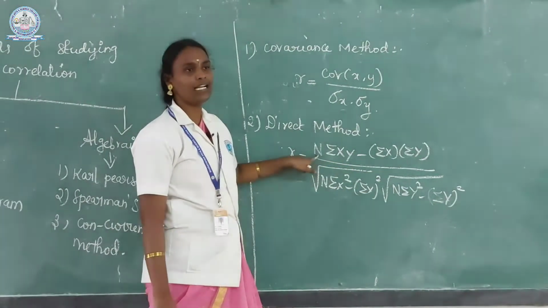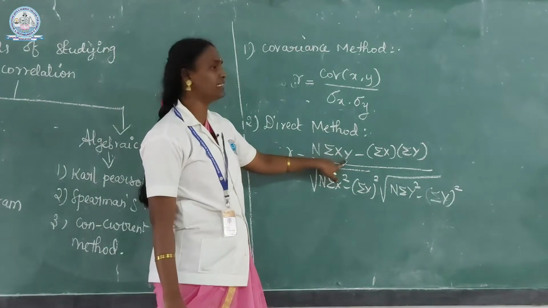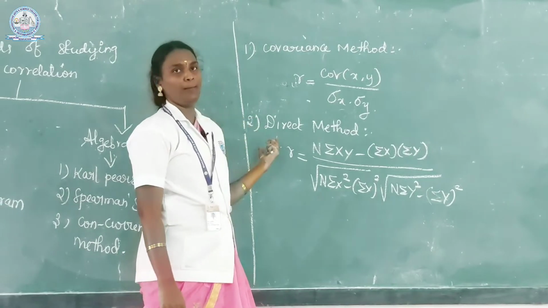Here n is the number of observations, and x and y are the given data of the problem.